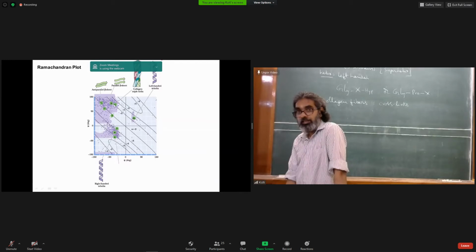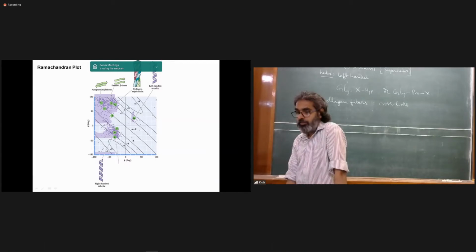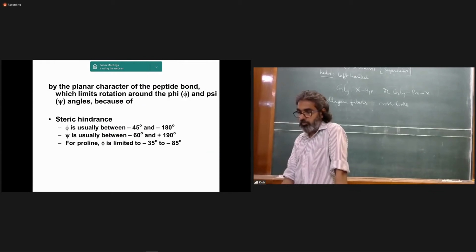Though it is a helix, you see it's in the region where you expect sheets, meaning these are really elongated. Alpha, pi, and 3-10 belong to a different region. And these are right-handed helices, and alpha L is a left-handed alpha helix. So that gives you more perspective and a little more detail about Ramachandran plots.